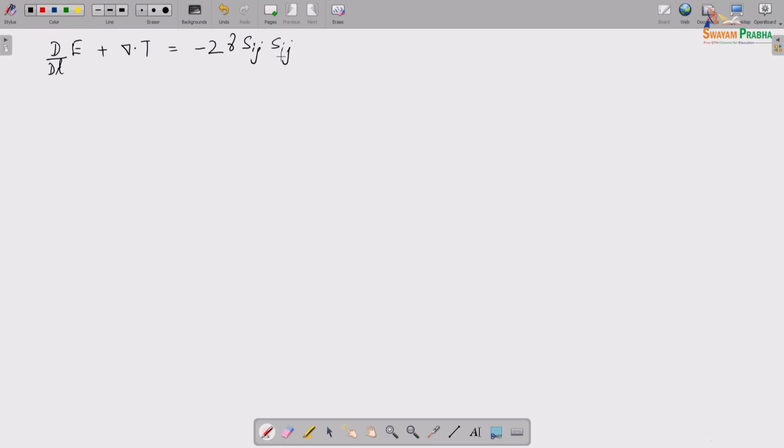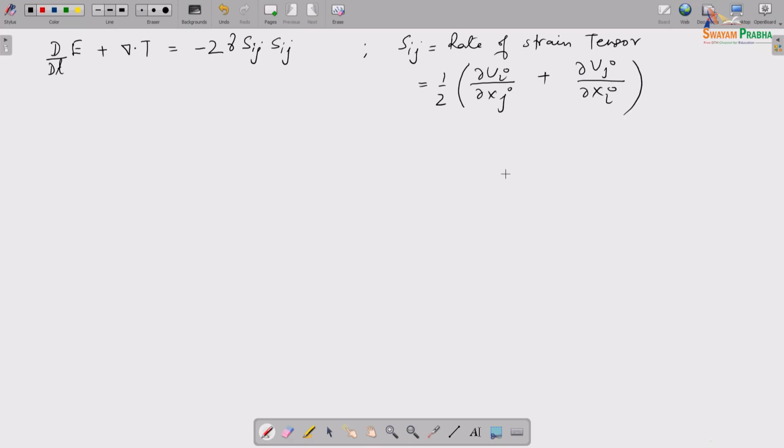Okay, let me write that down. This is the rate of strain tensor. Okay, right. So we looked at this equation.